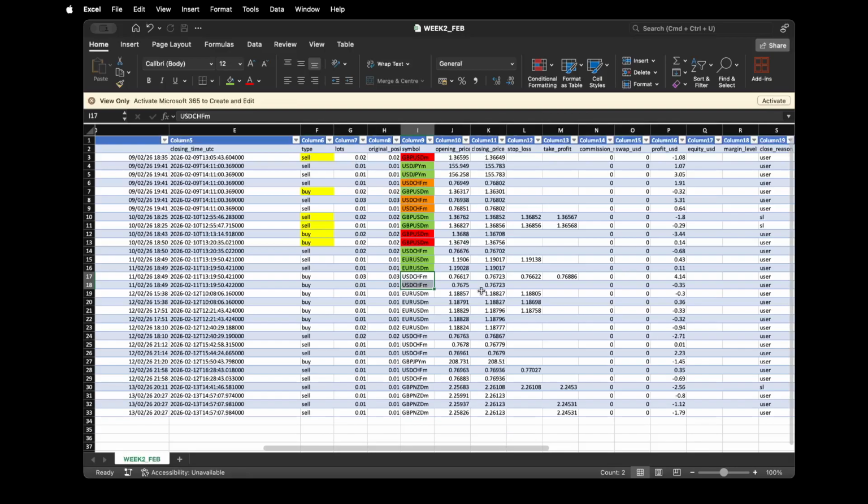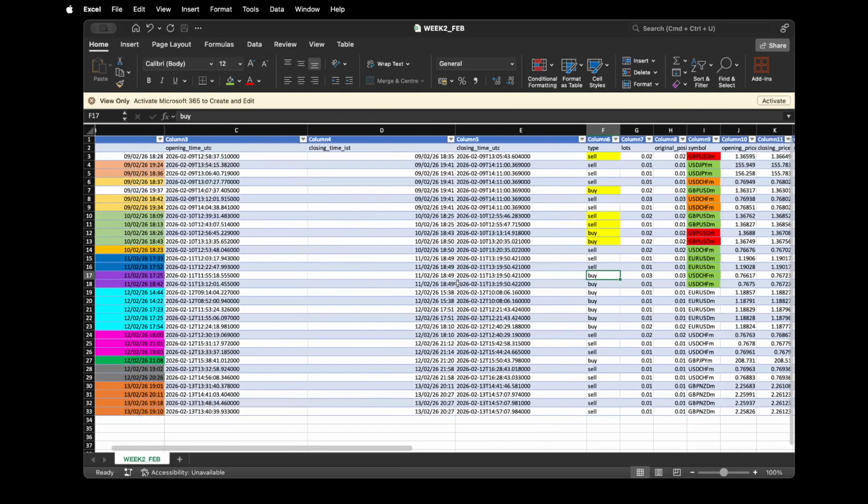Then USD CHF was also a good trade. I still remember. USD CHF buy trade. I took this trade the same day, the same time.